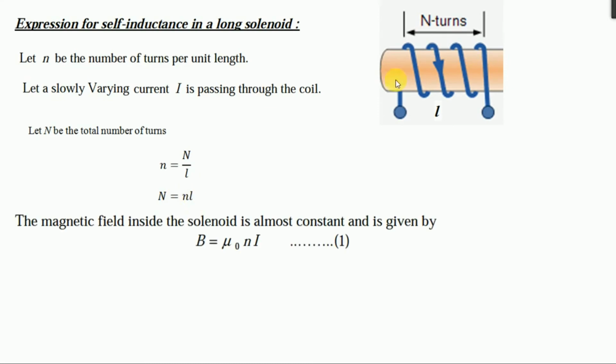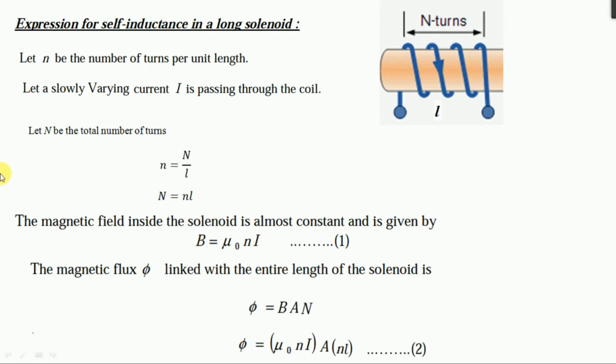The magnetic field inside this solenoid will be given by B is equal to mu naught n I. This is the expression which we have already done in our previous classes. So the magnetic flux linked with this coil is given by flux is equal to magnetic field into area, but we have N number of turns, so we'll put N also.